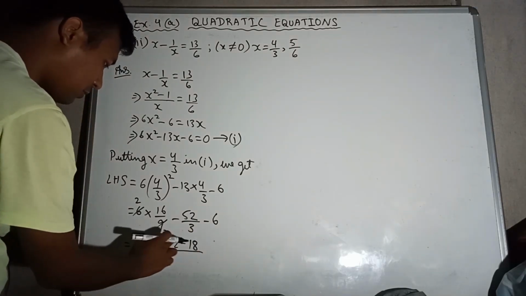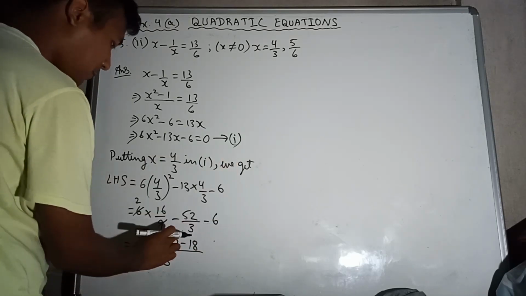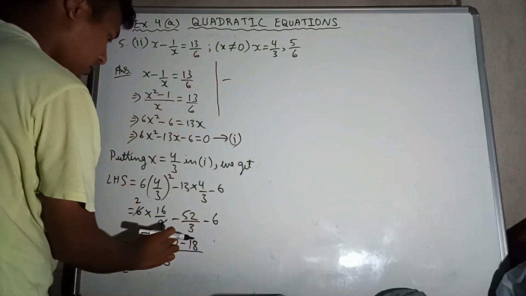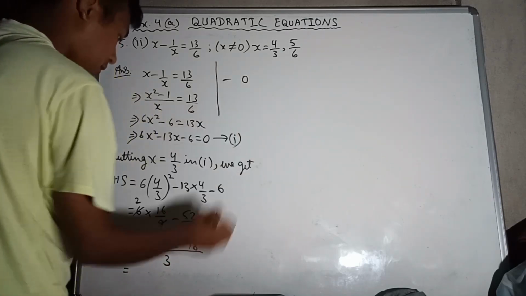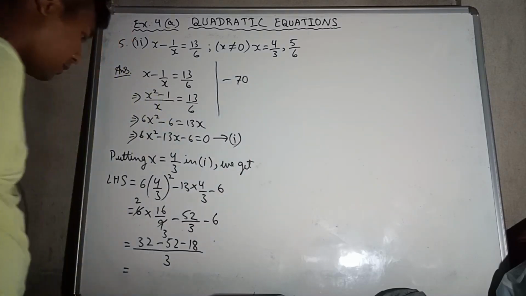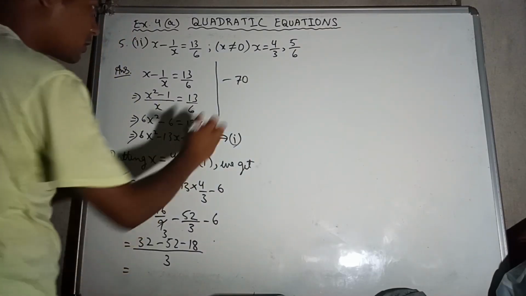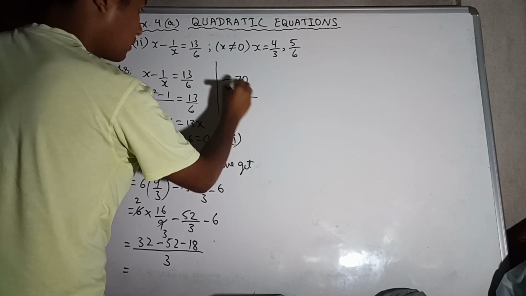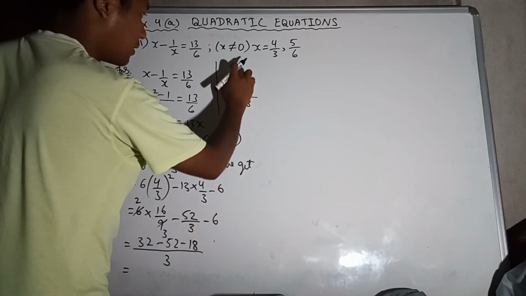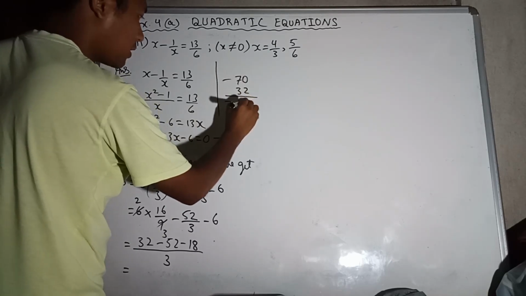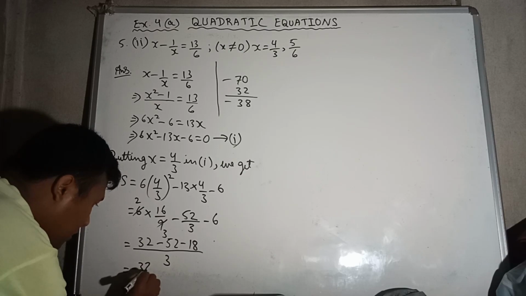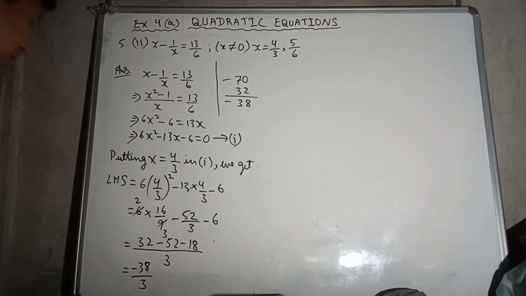So this is equal to 32 minus 52 minus 18, which gives minus 38 by 3.